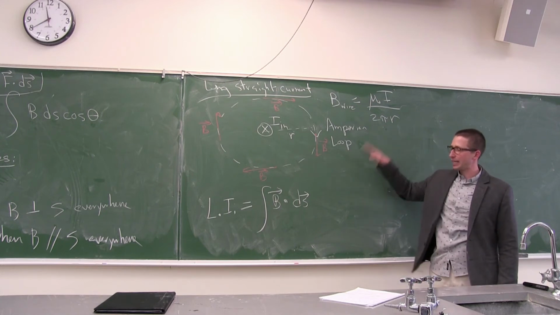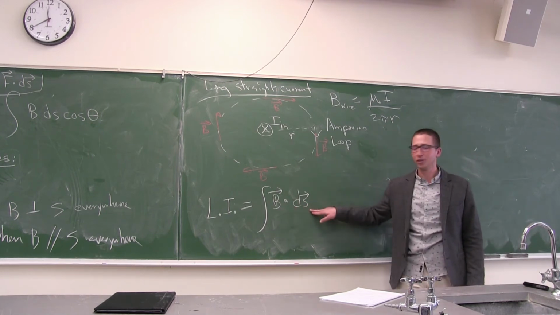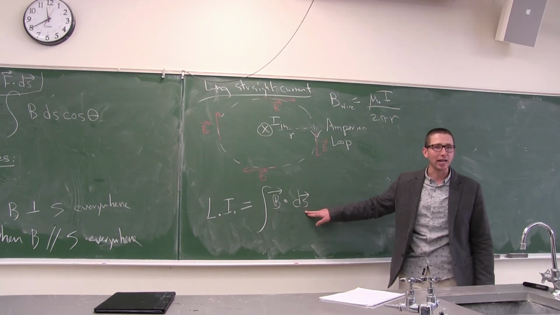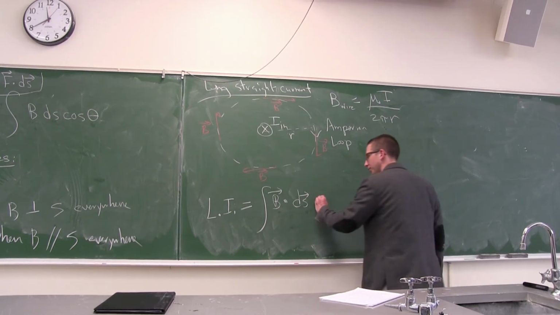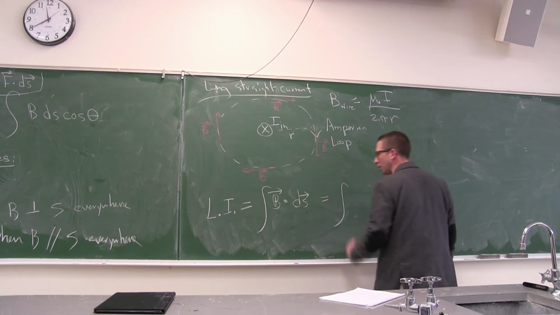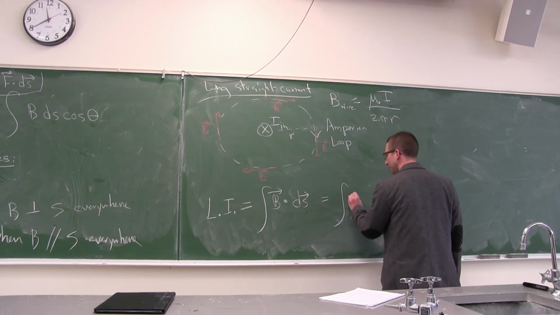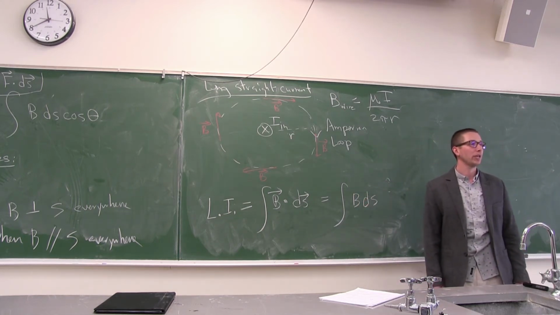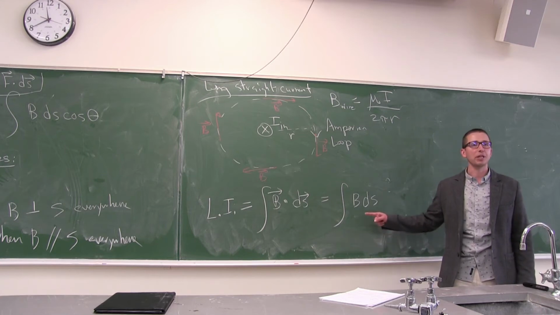So let's just plug that into this equation. Now B and ds are parallel. So this is just going to equal the integral of B ds, because the cosine of 0 is 1. I get rid of the dot product.